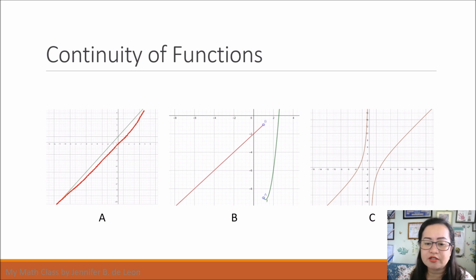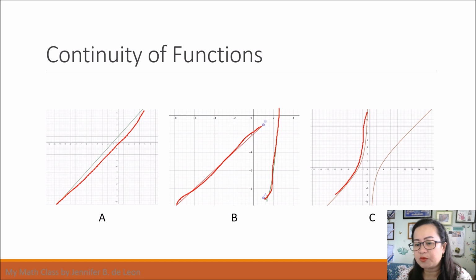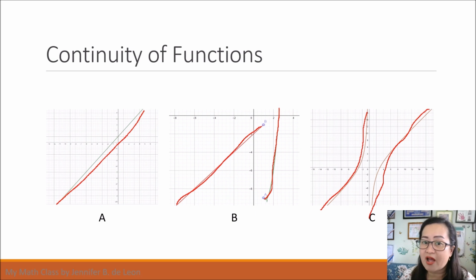While here in option B, if we trace this graph, we need to lift our pen in order to trace the other parts of the graph. The same is option C, wherein we also need to lift our pen in order to trace the other portion of the graph. So hence, only the graph illustrated in A shows continuity of functions.